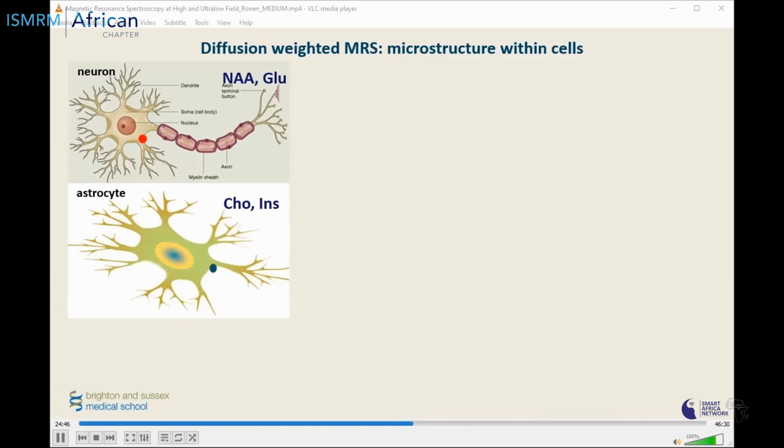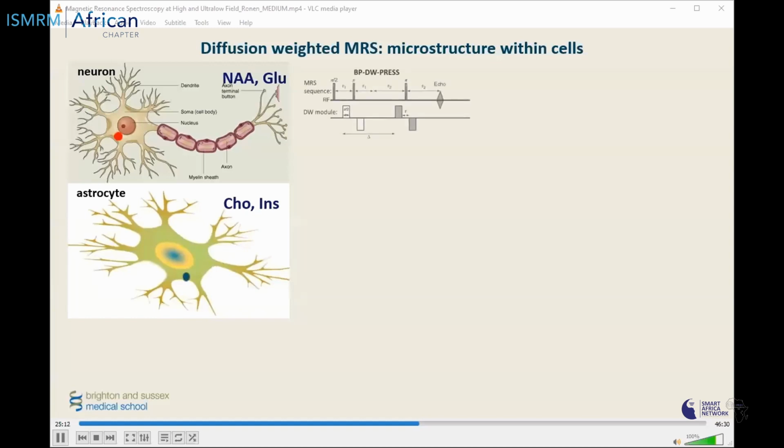So for example, let's take a look at a neuron, and we know that N-acetyl aspartate resides in neuron. And the N-acetyl aspartate will diffuse inside the neuron, essentially allowing us to study the properties of the intracellular space just by following its diffusional properties. And the same thing goes with glial molecules such as choline and inositol.